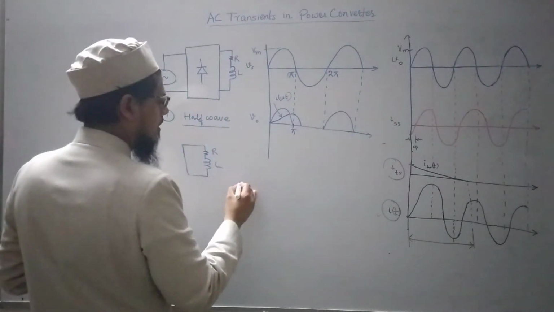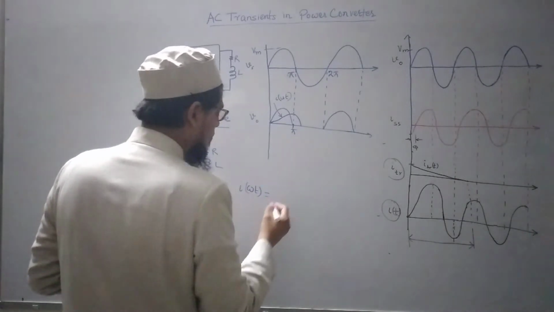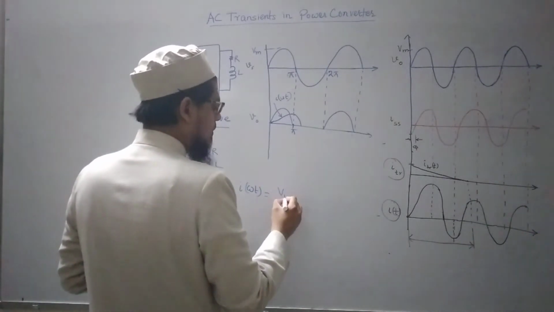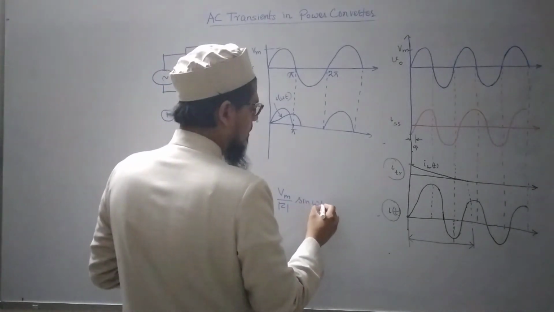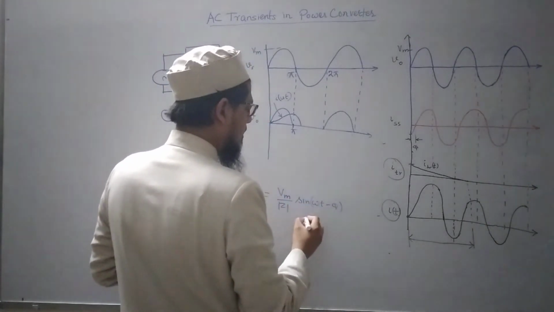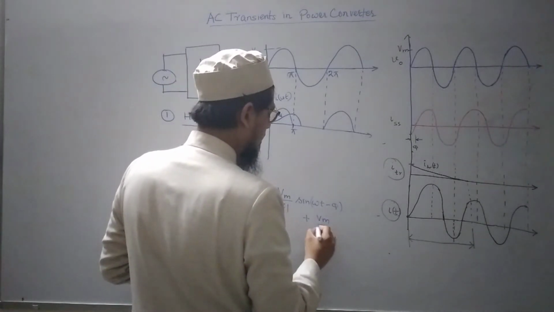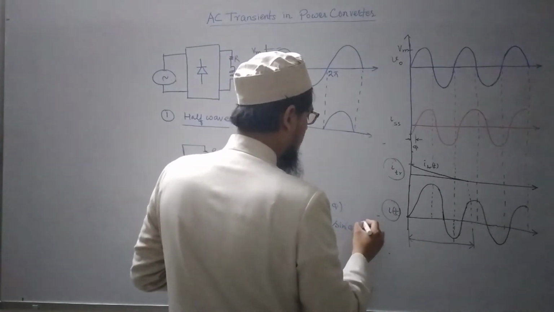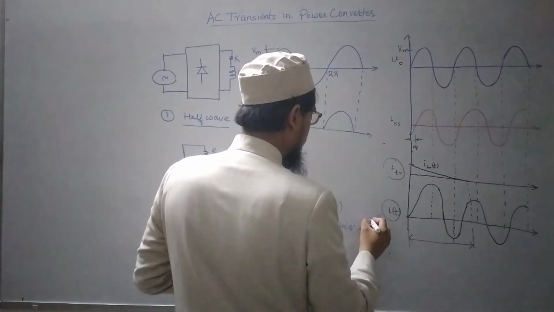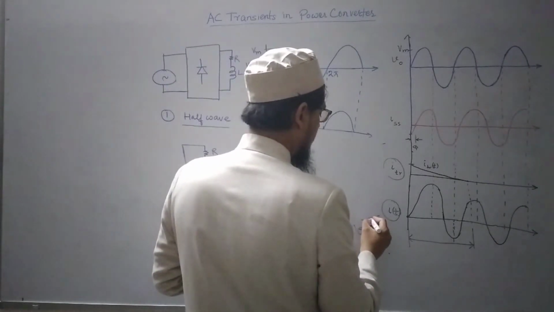So in place of t I can write omega t: I omega t is equal to Vm by Z sine omega t minus phi, plus Vm by Z sine phi e to the power minus, in place of t I can write omega t here.